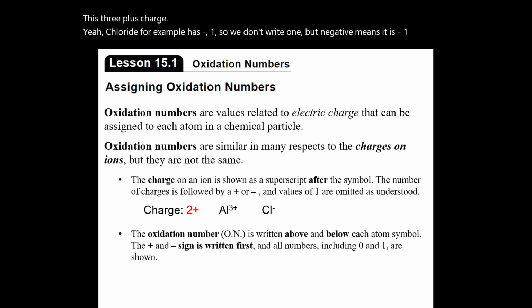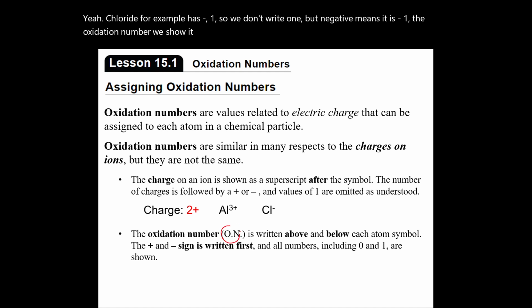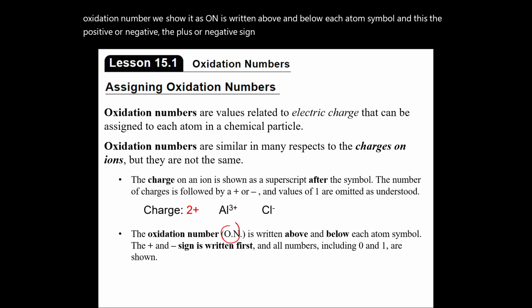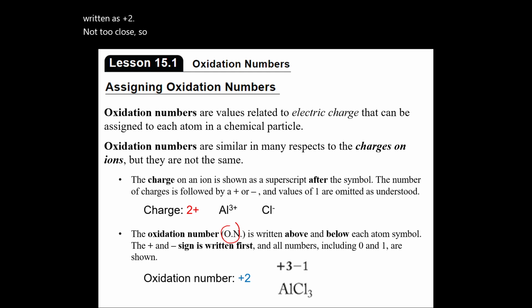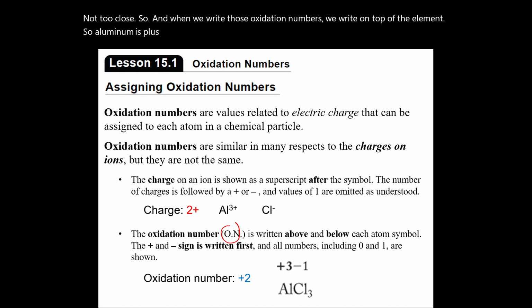The oxidation number, which we show as ON, is written above each atom symbol, and the plus or minus sign is written first, unlike the charge. So the oxidation number is written as +2, not 2+. So aluminum is +3, each chlorine is -1, and so on.